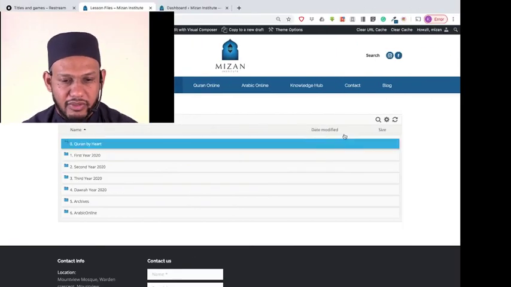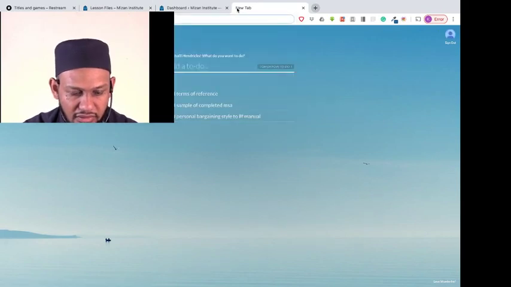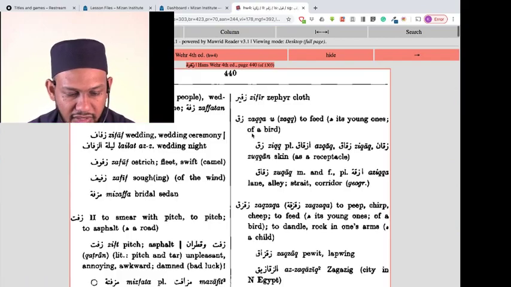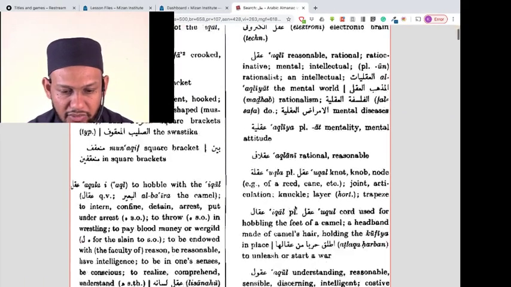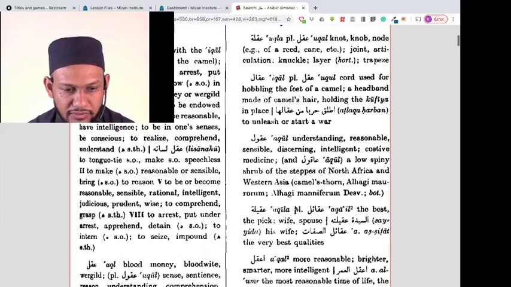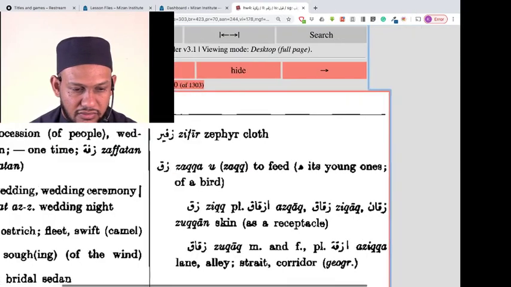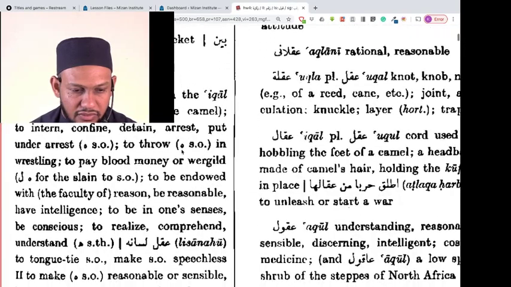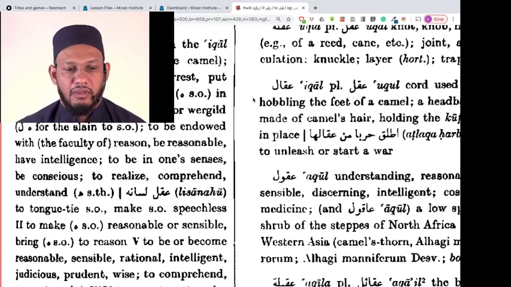So for example, I'm going to open my dictionary now and type in Ain Qaf Lam. I'm going to come to the word Aqala, Ya'qilu.